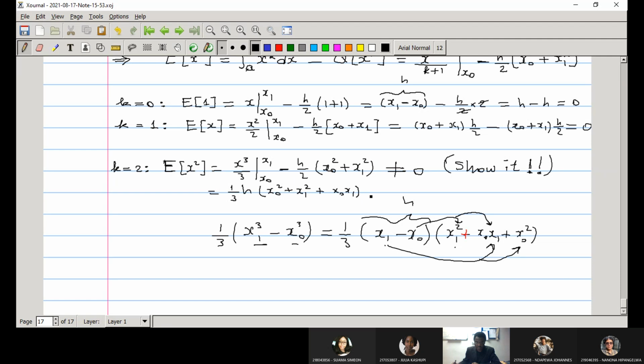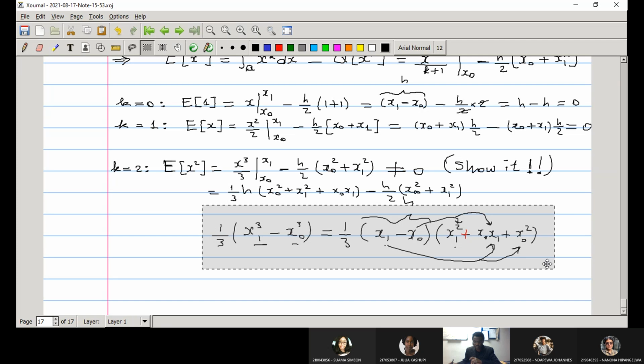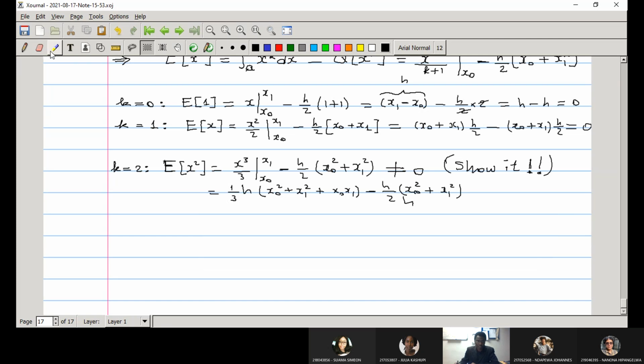Now minus h by 2 times x0 square plus x1 square. So you can see that this term 1, 2, 1, 2 is similar to this 2 term.